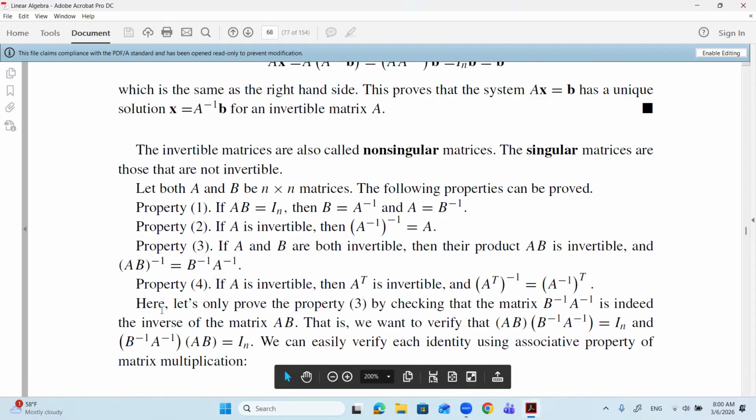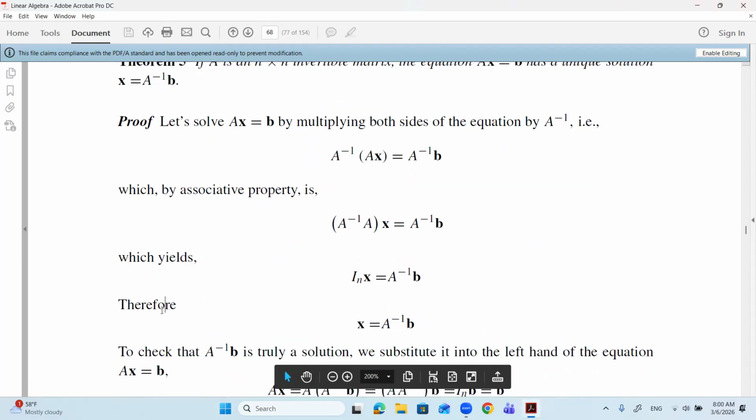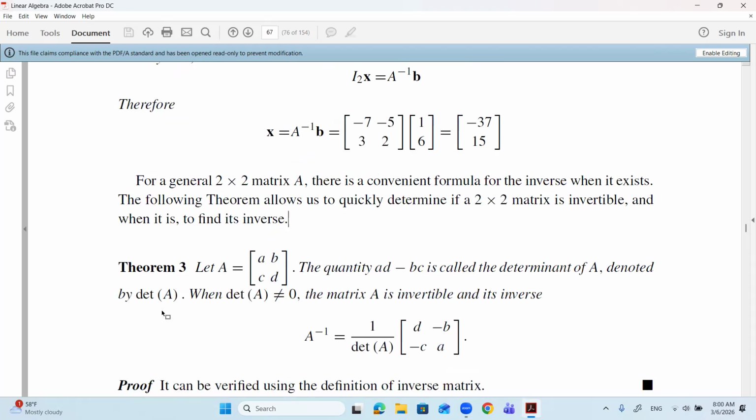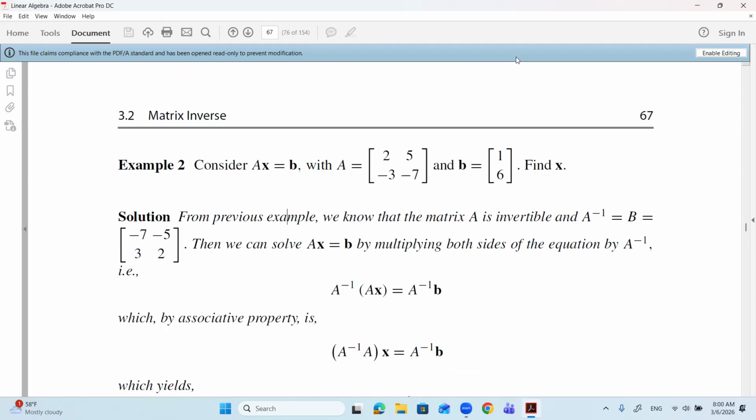Here is a very specific system with a small matrix A, which is a 2 by 2, times a vector. So let's write the system: A is 2, 5, -3, -7, X is x1, x2, a column vector, and B is 1, 6.